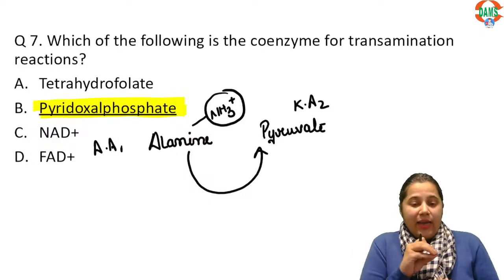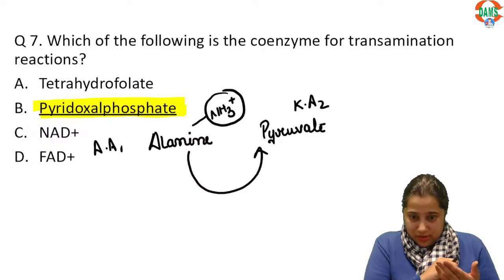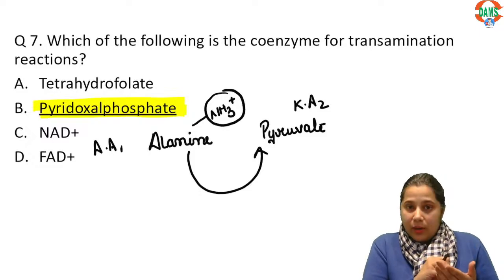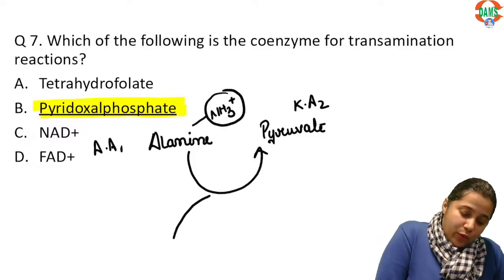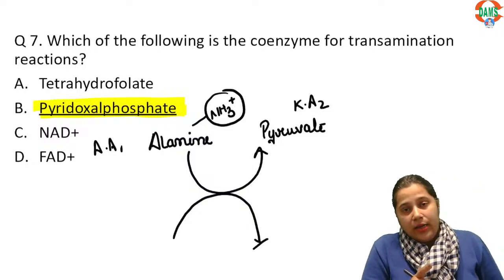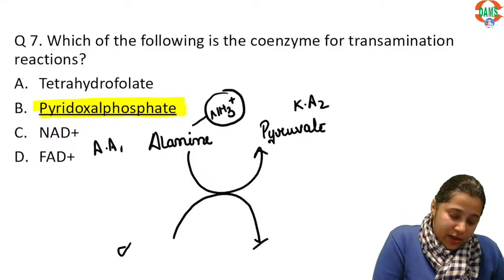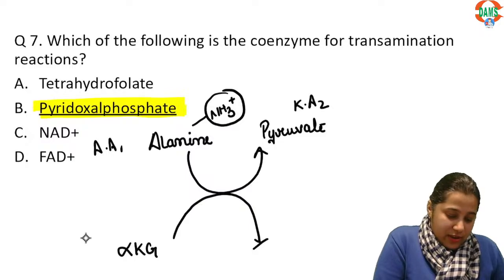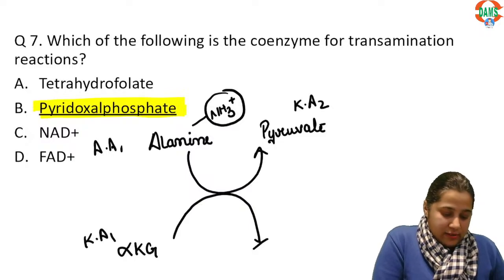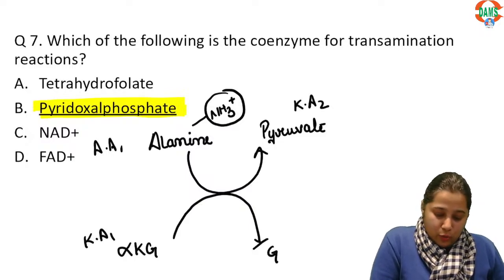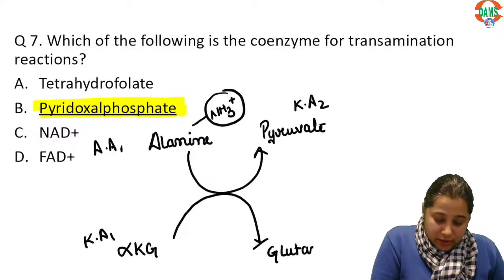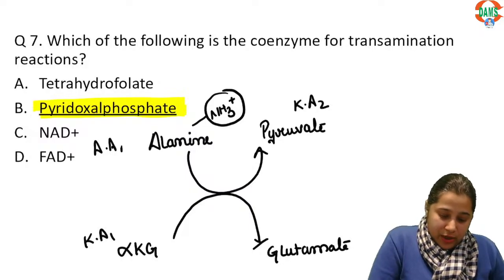It will combine with pyridoxal phosphate. It will combine with vitamin B6, and during the reaction, simultaneously, alpha ketoglutarate, which is a keto acid, is converted to glutamate. So there is a transfer of ammonia.